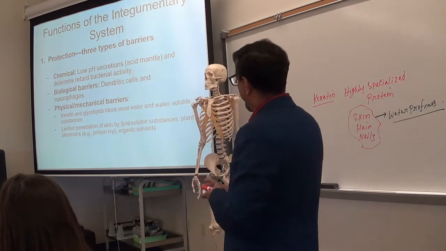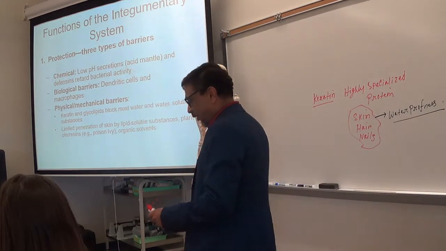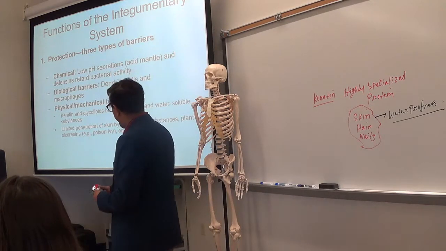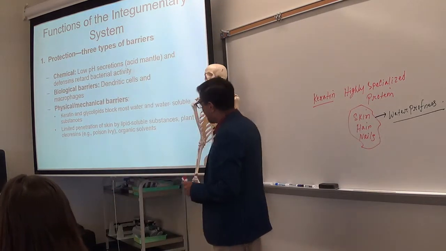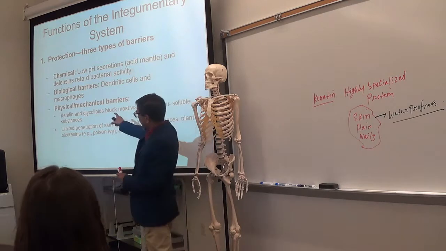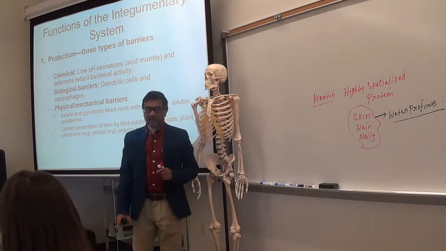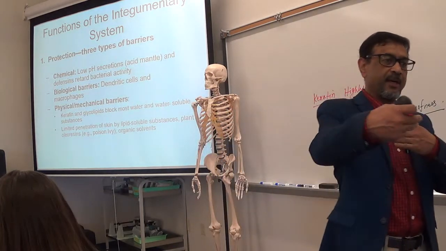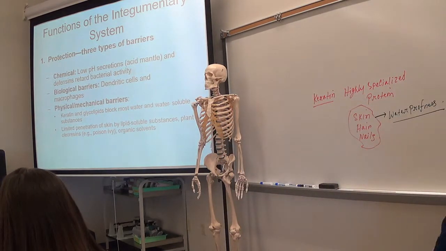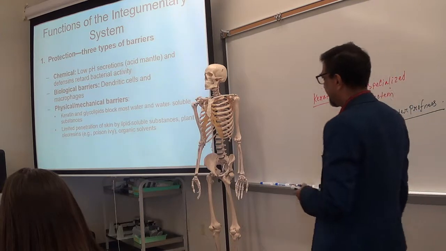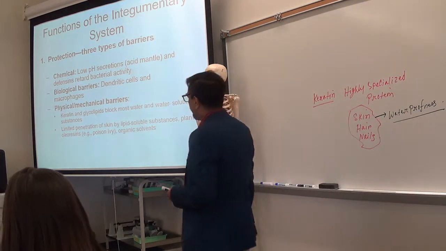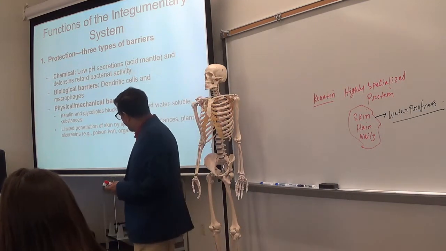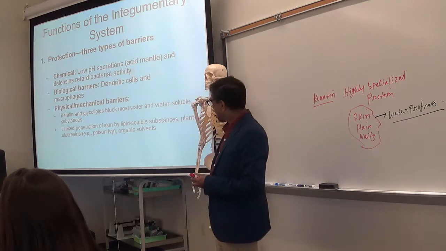So water and water soluble chemicals cannot enter into the body from outside through the skin. Another chemical, that is glycolipids, also prevents the water from entering into the body through the skin. So keratin, a highly specialized protein, and glycolipids.